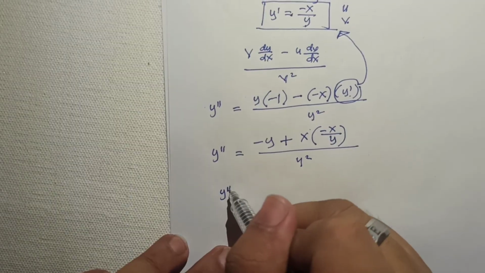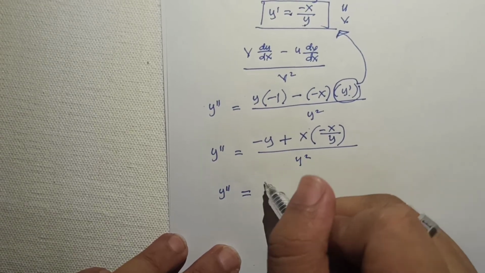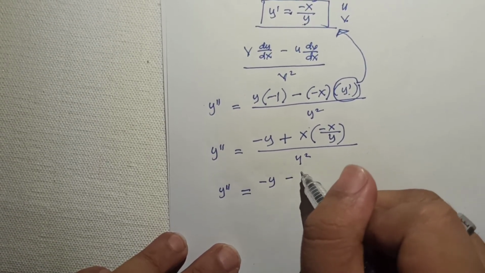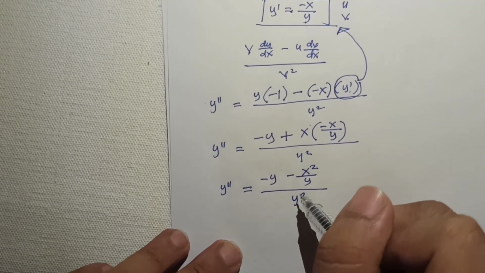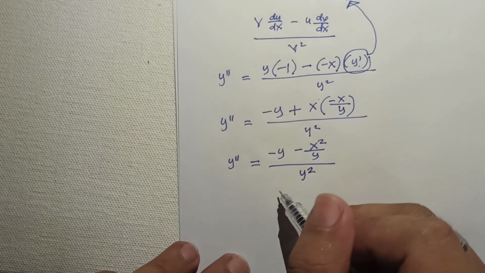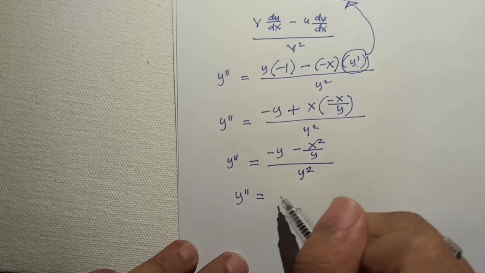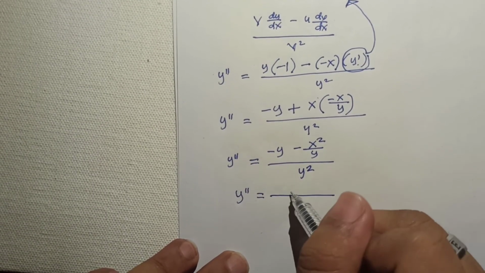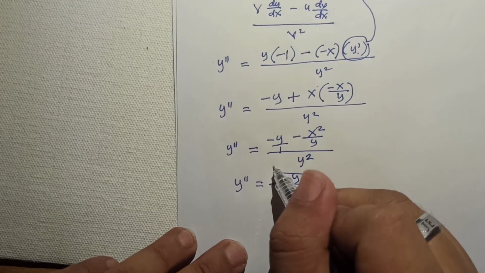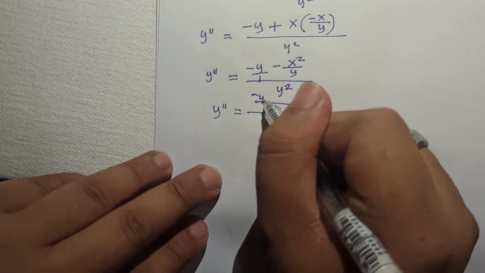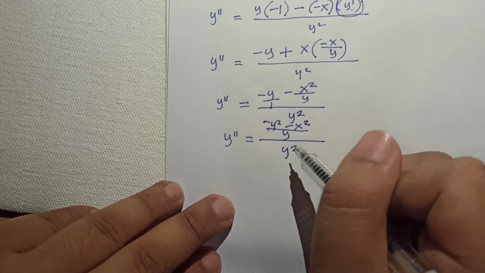So the second derivative of y is equal to negative y minus x squared over y squared. Next we have to simplify. Y double prime is equal to, simplify first, this is y, and y divided by 1, this y times negative y, this is y squared minus x squared over y squared.